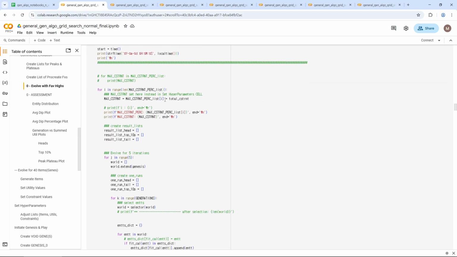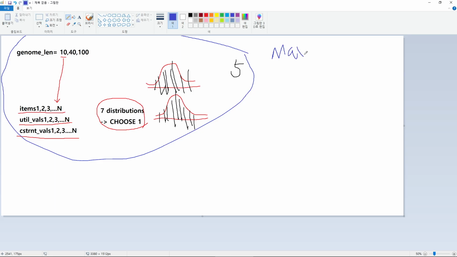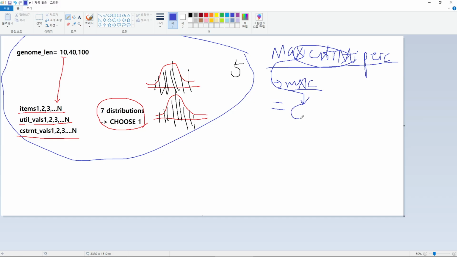Let's see if I got that right. Oh yeah, and all of this will be done per max constraint percentage, which is used to calculate the maximum constraint by multiplying the max constraint percentage by the total constraint.